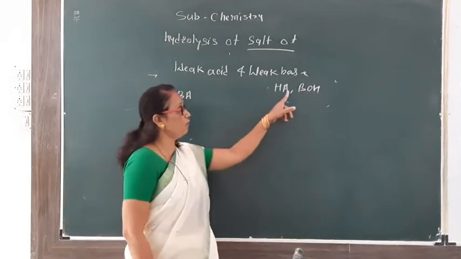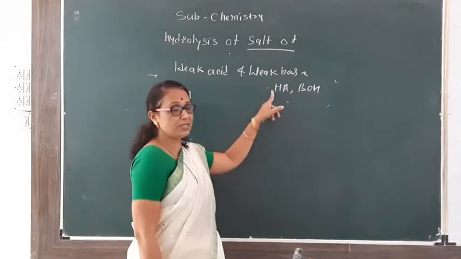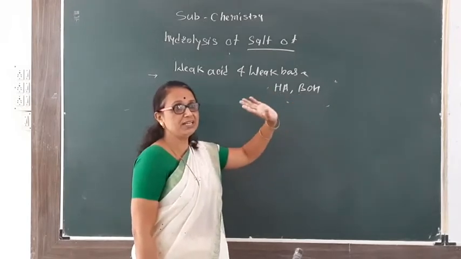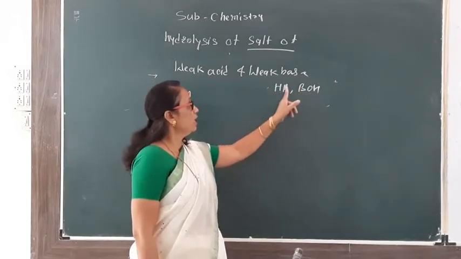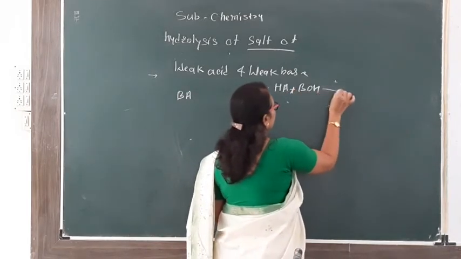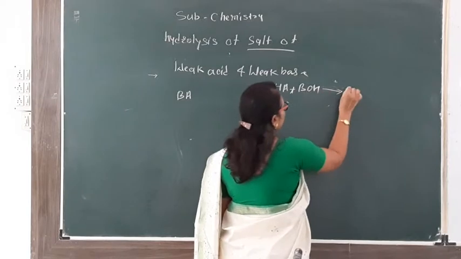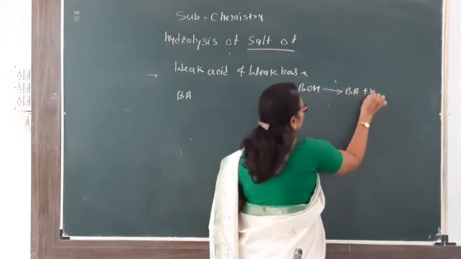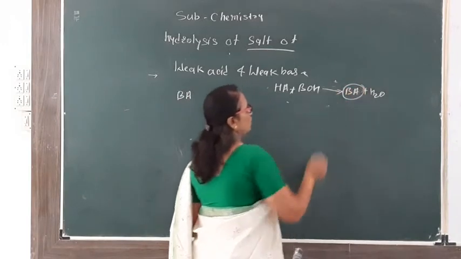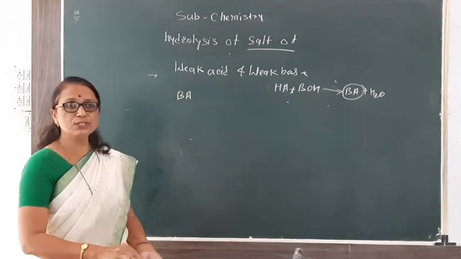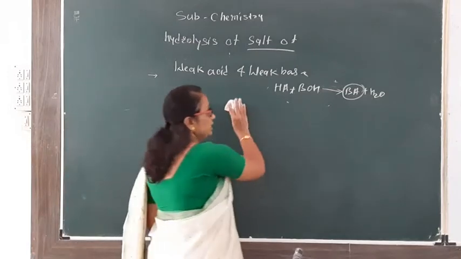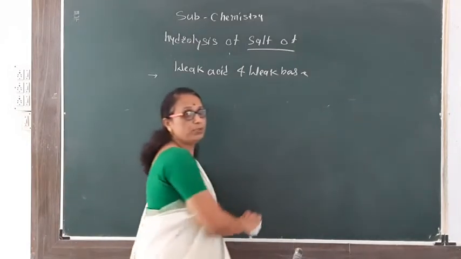Acid HA, A for acid, which contains the H plus ions, therefore HA. B for base, which contains the OH minus ions, and hence HA plus BOH gives BA plus H2O. That means BA is the salt. And consider BA is a salt which is derived from the weak acid HA and weak base BOH.